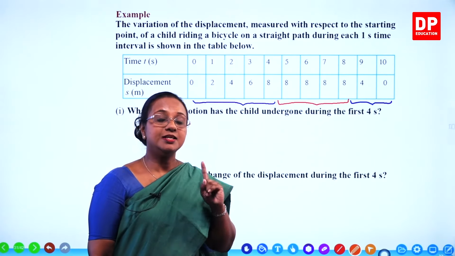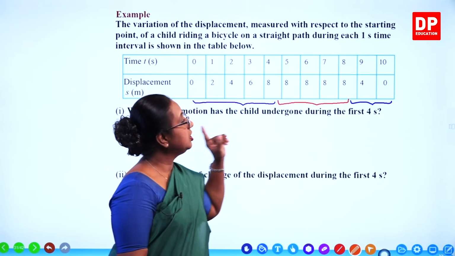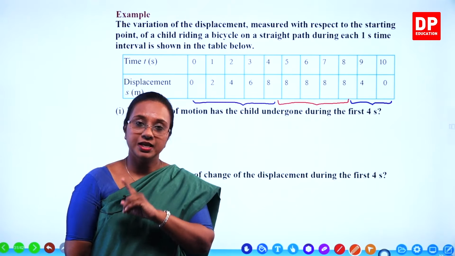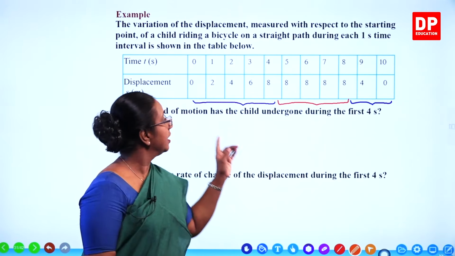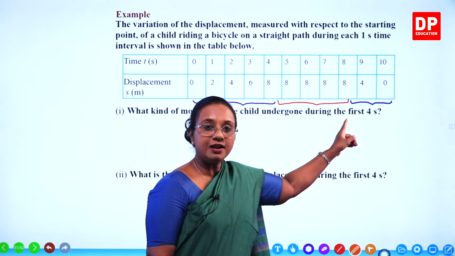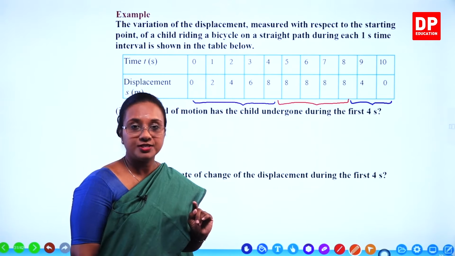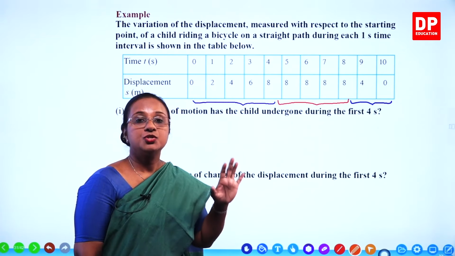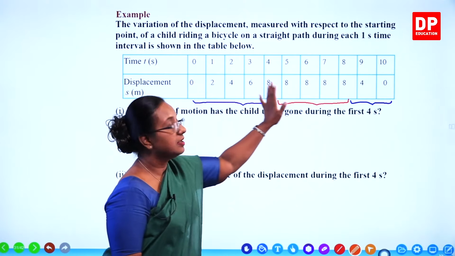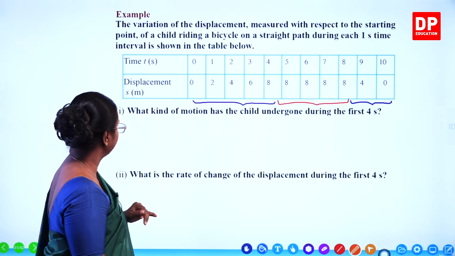So, since displacement has a direction, from this data you can understand that the object moved in one direction first, then it maintained rest, it did not move, and thereafter it moved backwards to its original position. So, this is the information that you can get from this data. Using that, we will do the calculation.